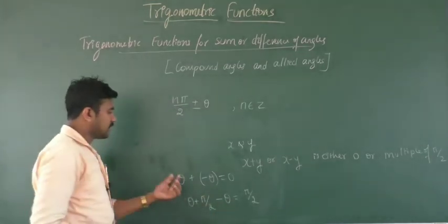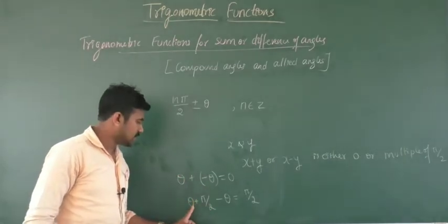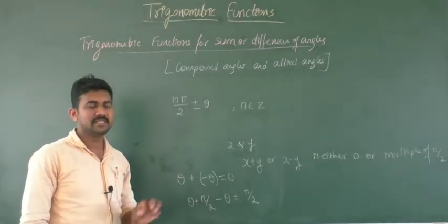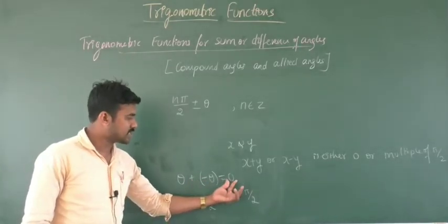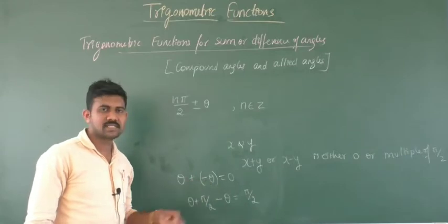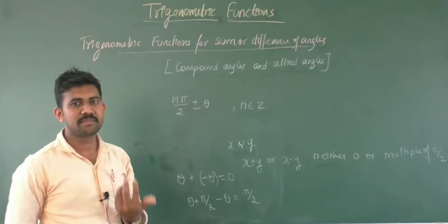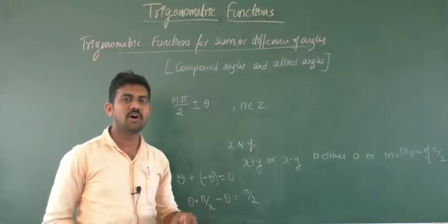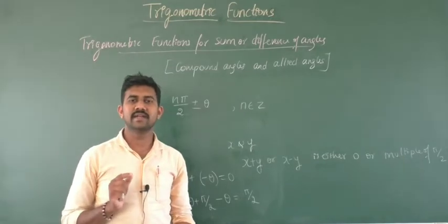So in this first case, theta is allied with minus theta, theta plus pi by 2 is allied with theta. Like this, here we got 0, x plus y, or theta 1 plus theta 2, or if you add two angles or if you subtract two angles, if you get either 0 or multiple of pi by 2, then clearly we can say those are allied angles.